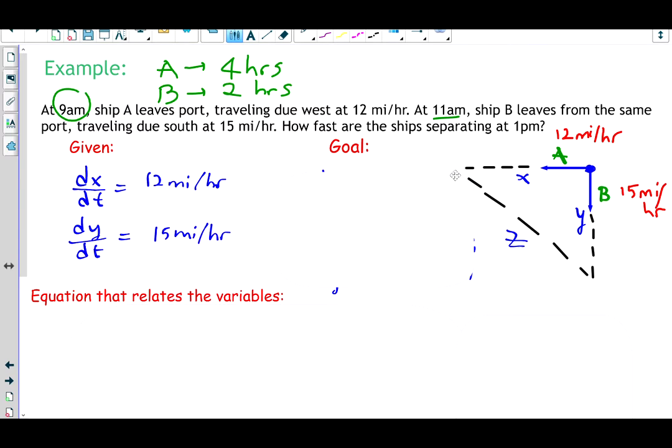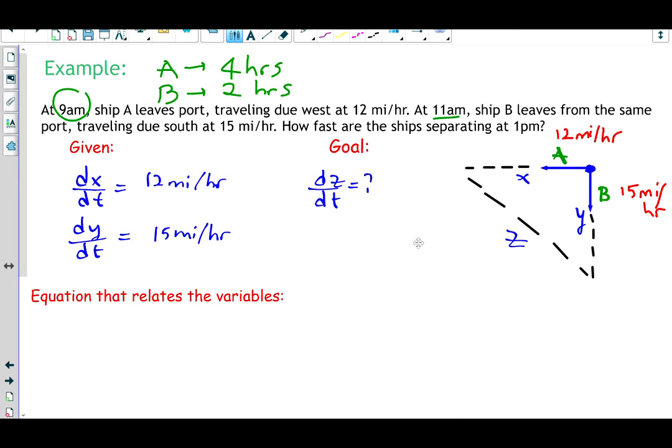And we want to know how fast they are separating, so that's the direct distance between them. So at any moment, maybe A is over here, maybe B is over there. If I look at the direct distance between them, that's what I'm calling z. So they want to know at what rate is that distance changing. So that's dz/dt. Find dz/dt. And that should be positive as well. It's getting larger and larger as they move away from the port.